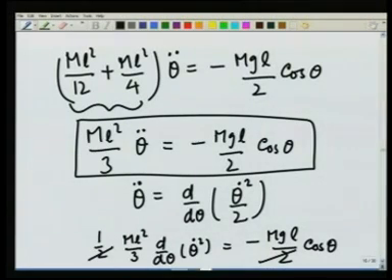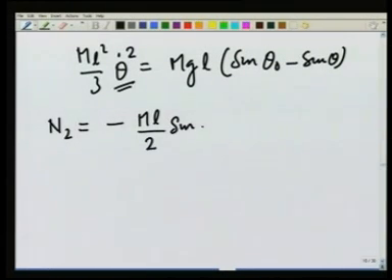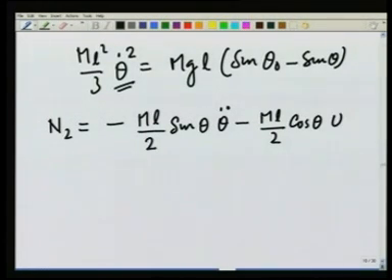Let us go to the expression for N2. N2 was equal to minus ml over 2 sine theta theta double dot minus ml over 2 cosine theta theta dot square, and let us substitute.